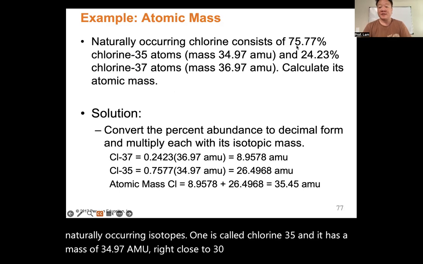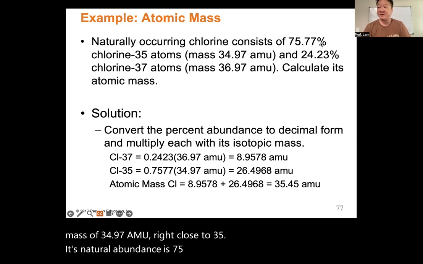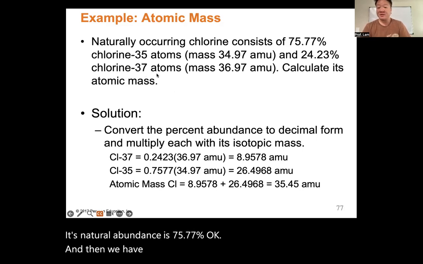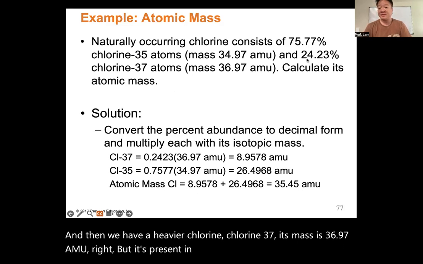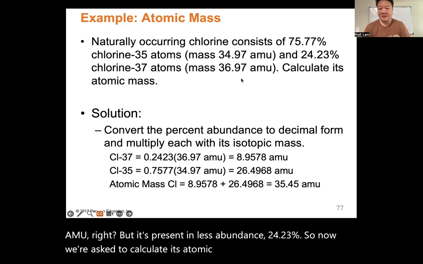Its natural abundance is 75.77%. And then we have a heavier chlorine, chlorine 37. Its mass is 36.97 AMU, but it's present in less abundance, 24.23%. Now we're asked to calculate its atomic mass.